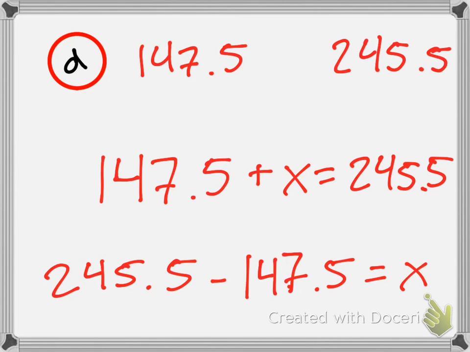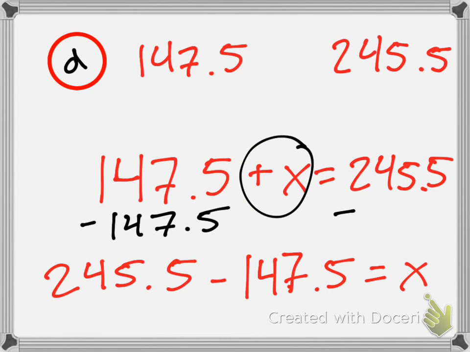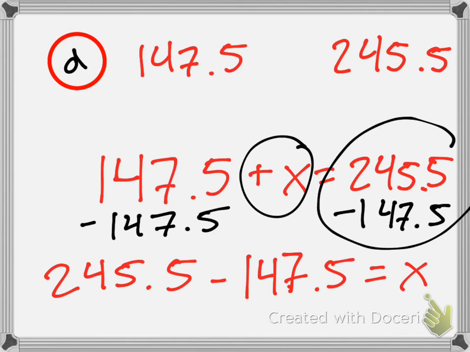Essentially what we are looking at here is fact families. Notice that by solving this one right here, we would be subtracting 147.5 to get that x alone. That's the same thing because we've got that 245 and 5/10 minus 147 and 5/10.